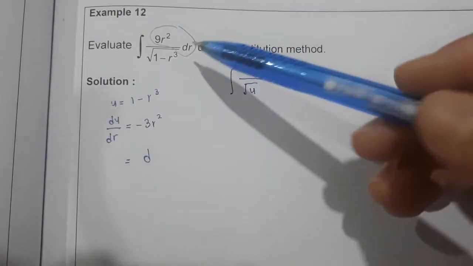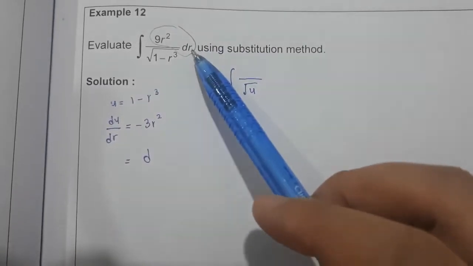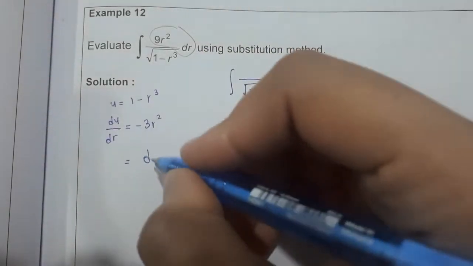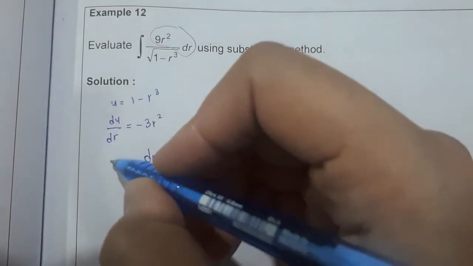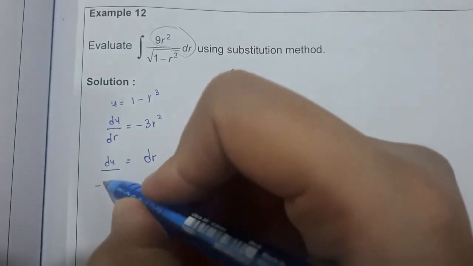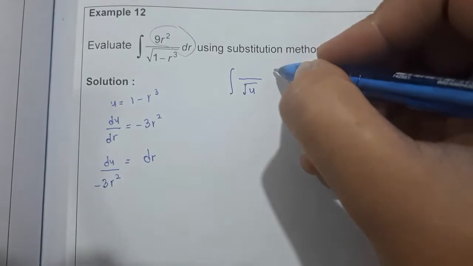Next we want to substitute dr. We can get dr from here. So dr equals du over negative 3r squared. Okay, let's substitute.